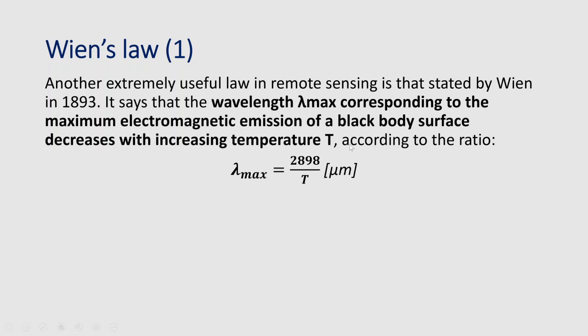That means that if we divide this quantity, for example, by 6,000, the result is around 0.5 microns. So that means that the Sun is emitting with a maximum emission in the visible.